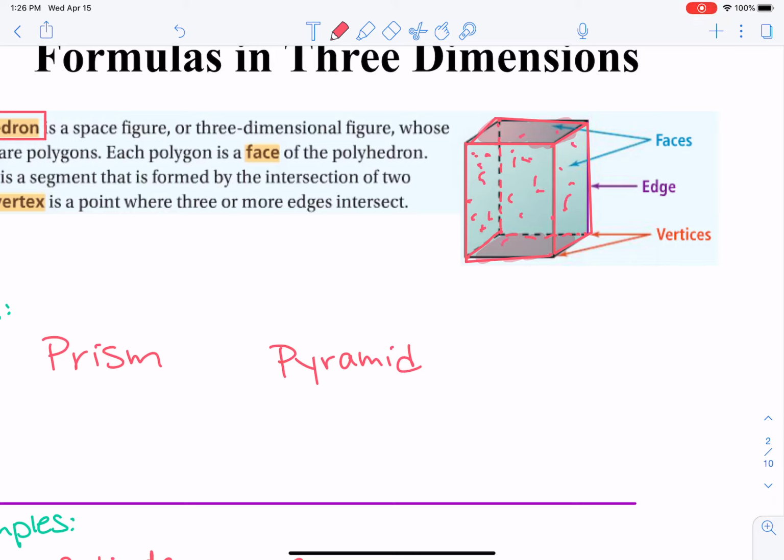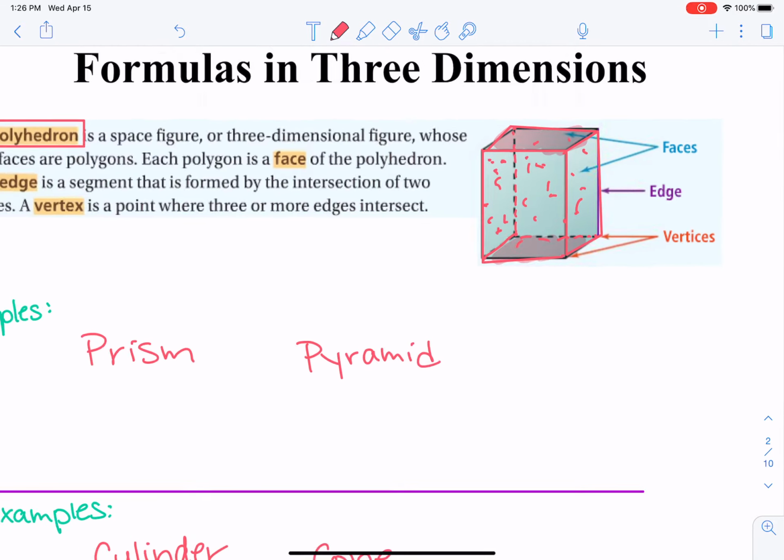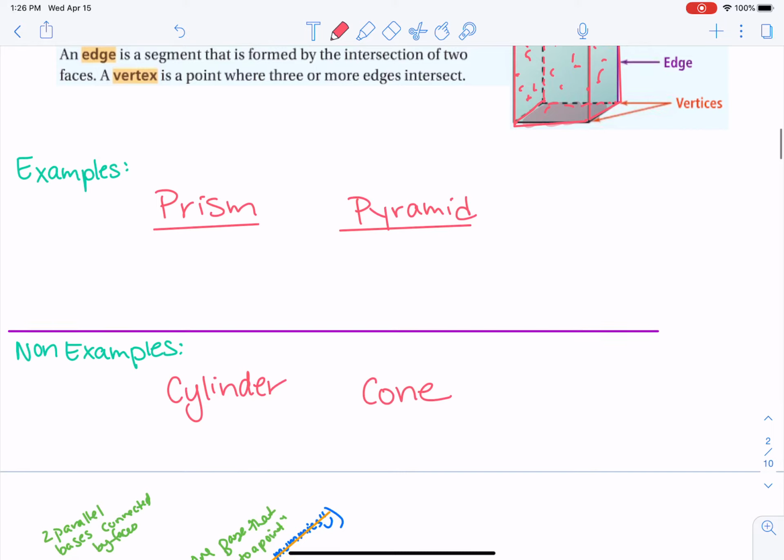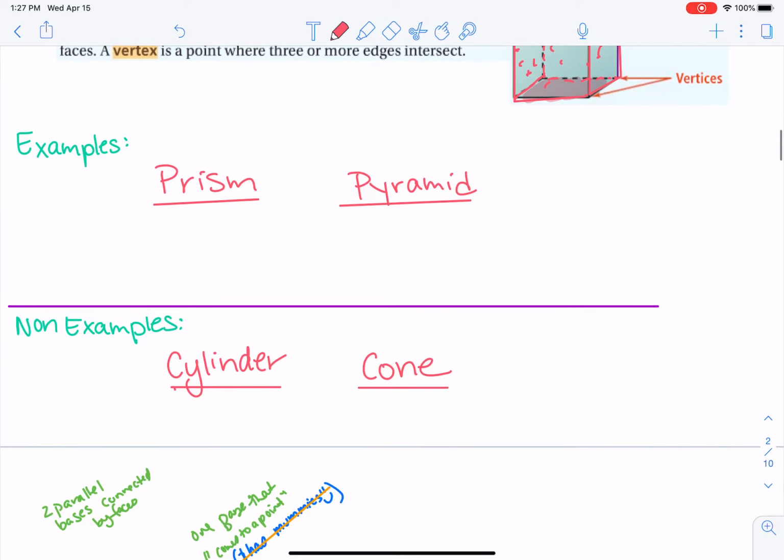So just a little vocab. It's like the sides of the Kleenex box. So that's a polyhedron. Prisms can be polyhedrons, and so can pyramids. But what can't be a polyhedron is a cylinder because the sides aren't faces. They're curved. And a cone can't be either because the sides are curved there as well.